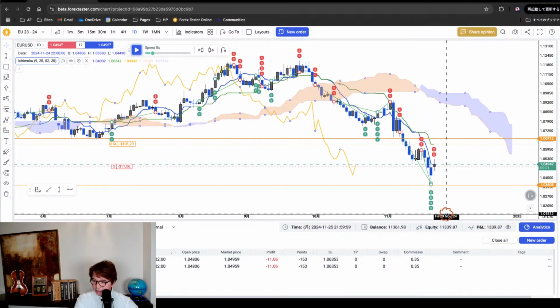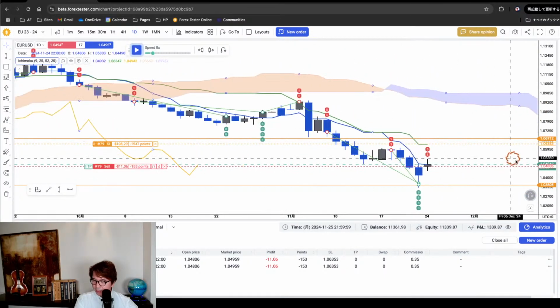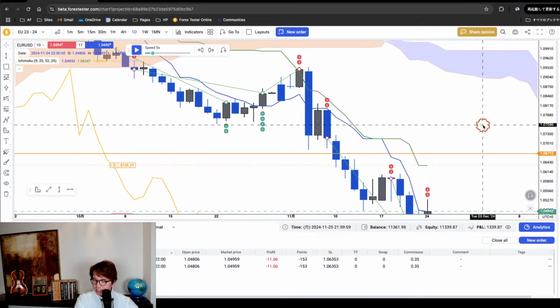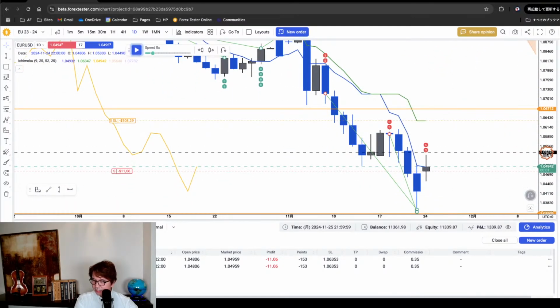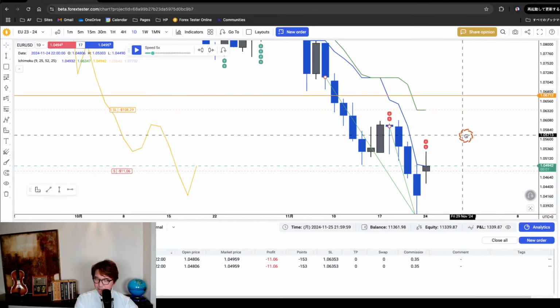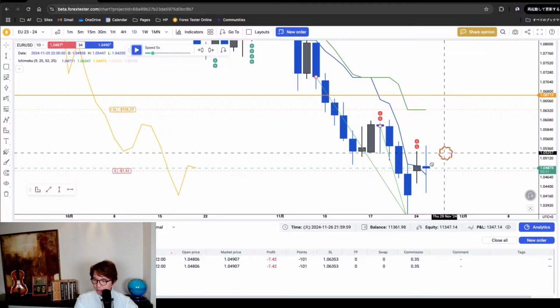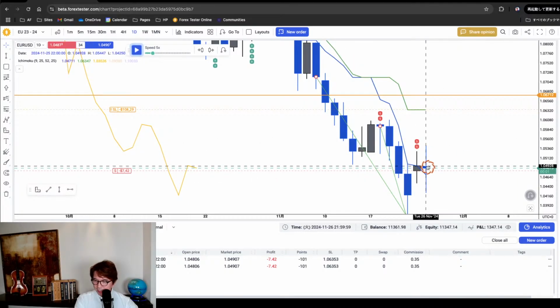But let's closely monitor. Let me zoom in so that I can exactly see how the candlestick closes on the Tenkan Sen. Next bar. Okay, next bar closed above the Tenkan Sen. So this time the candlesticks are horizontal. The price didn't change, but Tenkan Sen situation changed, right?